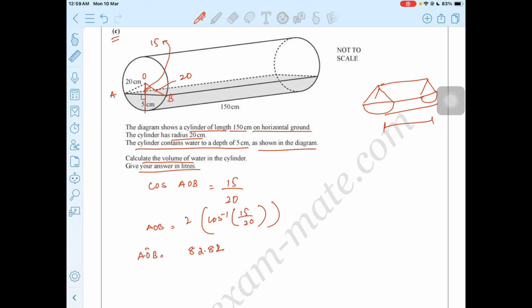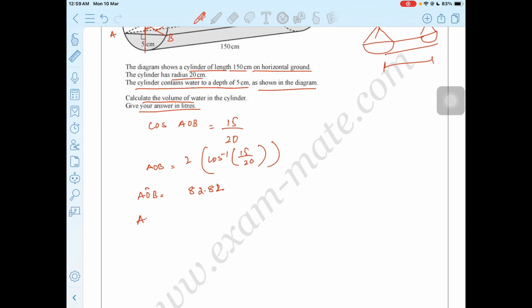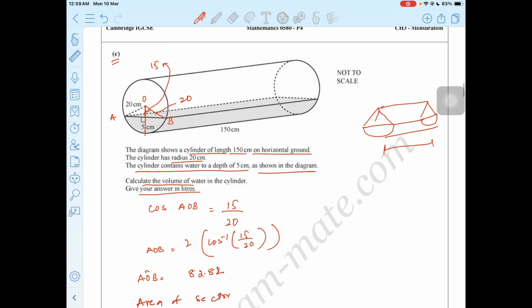We have our AOB. We can now calculate the area of the sector, and then we multiply it by 150 to calculate the volume, right? Volume is equal to area of sector multiplied by 150, basically, because it's a prism, and this is 150 in both cases, right?